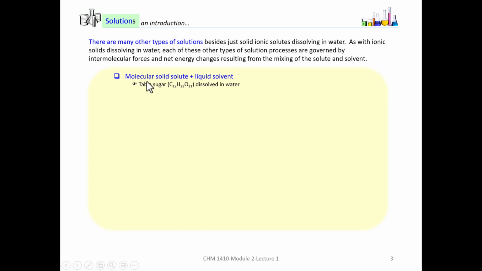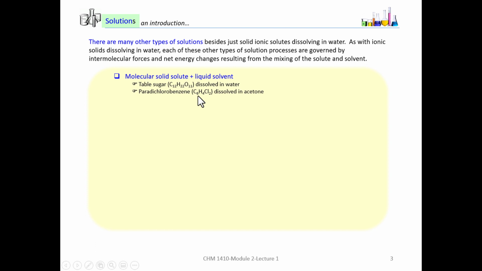And typically molecular solids are held together by pretty much mostly covalent bonds. And a lot of carbon and carbon-hydrogen compounds would fit the bill. So table sugar is a great representative of a molecular solid dissolving in a liquid solvent.